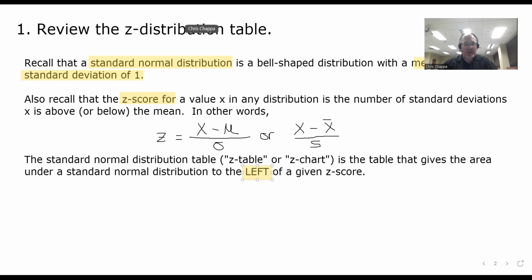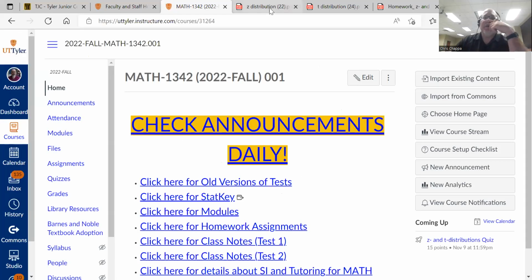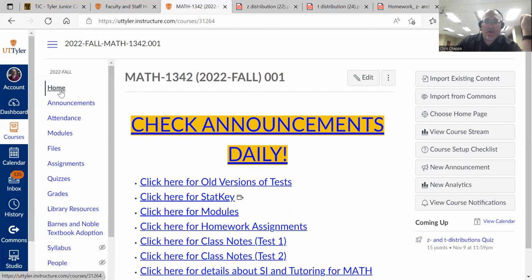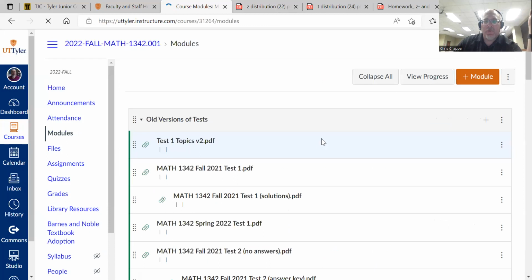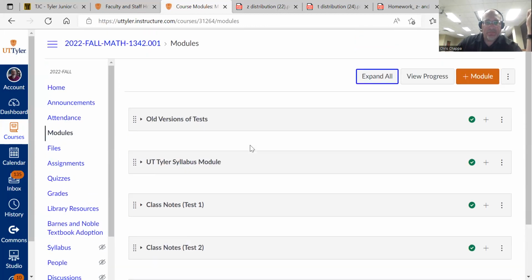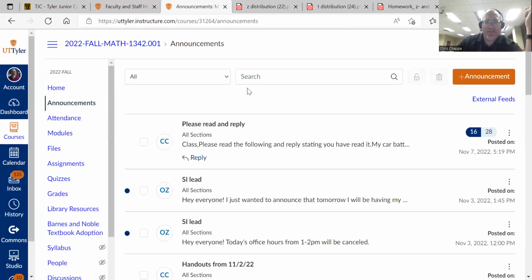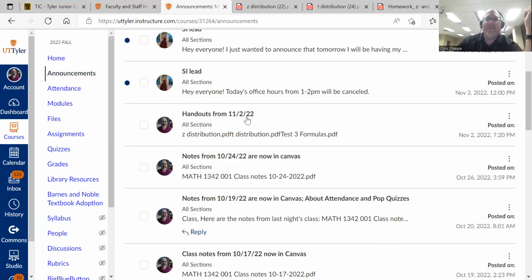This is the same distribution table that I handed out in class last Wednesday. If you don't have it, if you go to the home page or go into modules, there should be a module. Here it is.